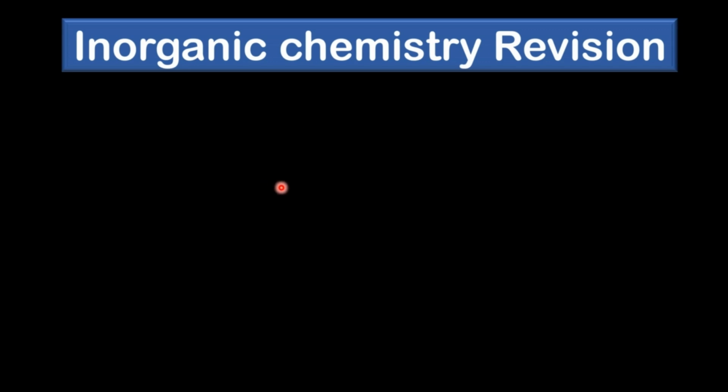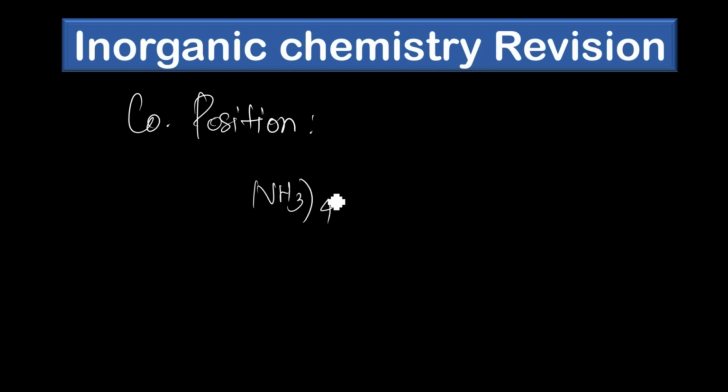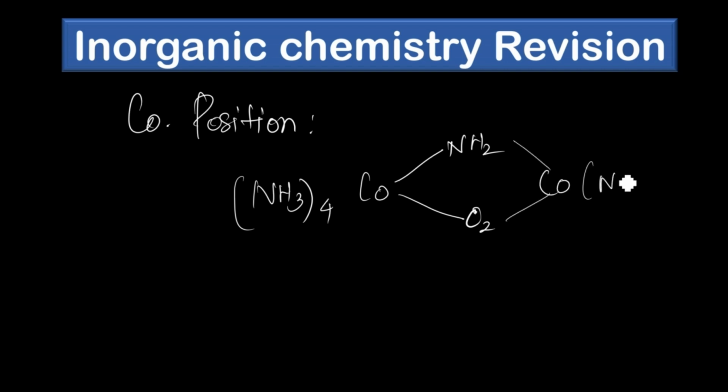And the final one is coordination position isomerism. They won't ask you much detail, but some other entrance examination may ask this type of question. Once again, I'm taking an example of cobalt, Co attached with NH2, O2, Co(NH3)4Cl2, and let's say another Cl2 is there.